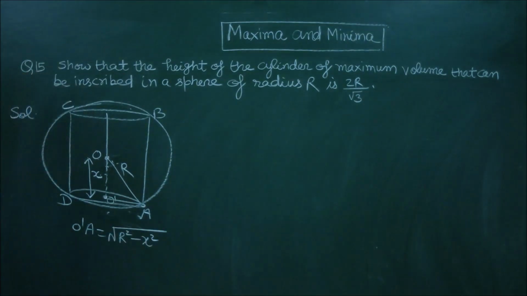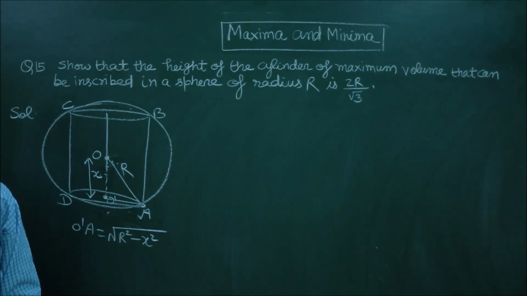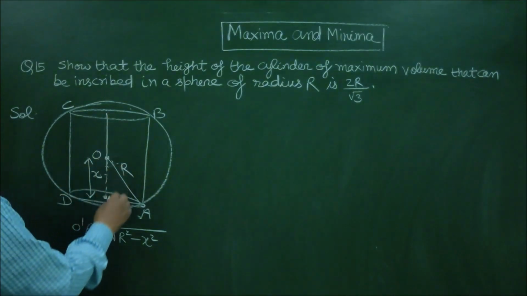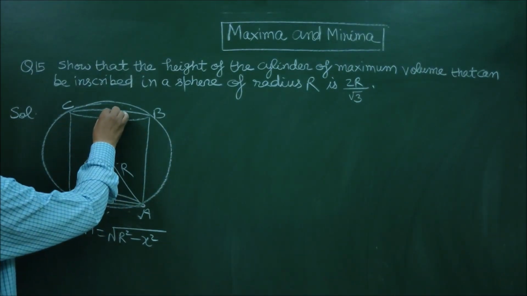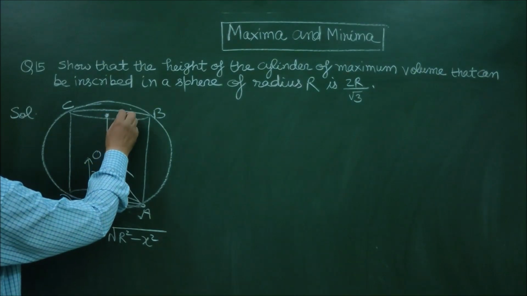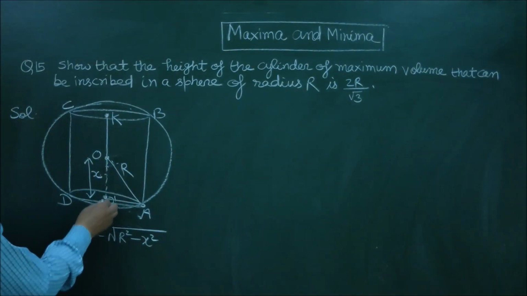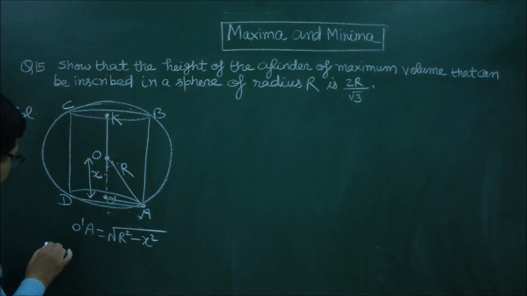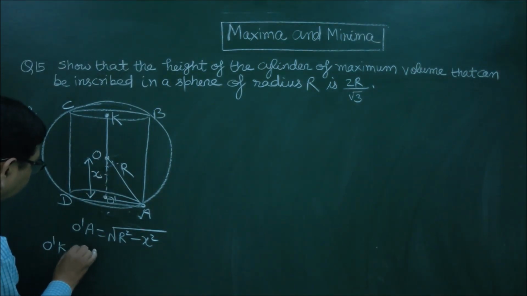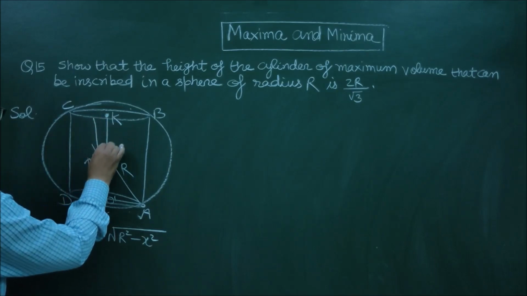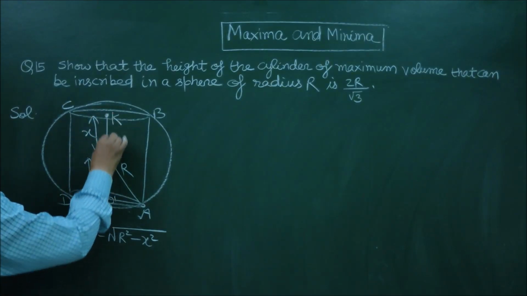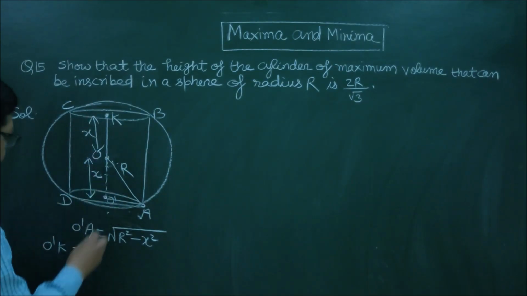Why am I doing this? Because the formula of the volume is pi into radius square into h. Now the total height, let this point be here K. So the height is O dash K. So O dash K is equal to twice of this x, by symmetry this is also x, so twice of x.